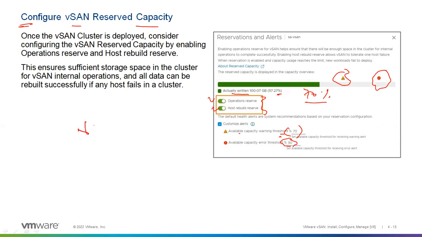Once your vSAN is deployed successfully, automatically all the vSAN related alarm definitions will be updated in vCenter Server. As I said, if there is some warning, an alert will be generated.